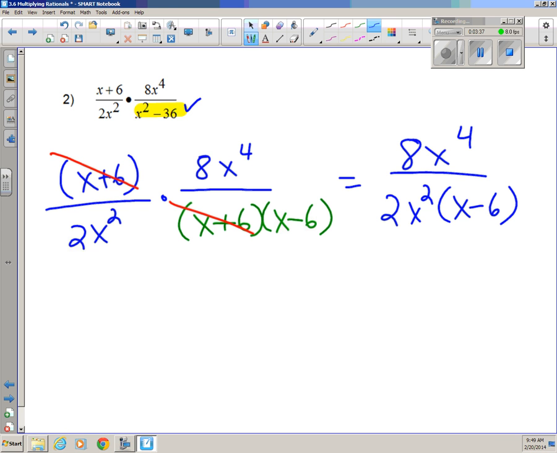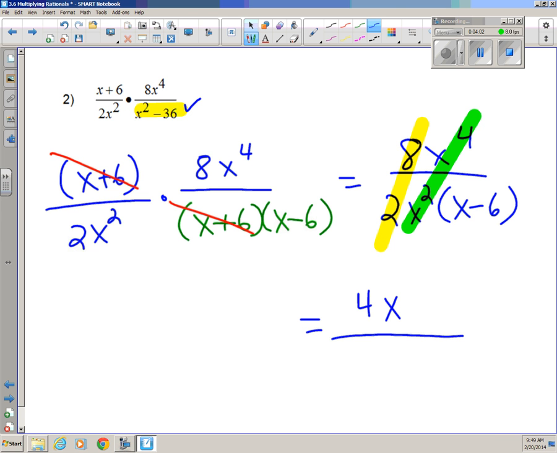Well, these monomial factors on the outside actually can simplify. I've got this 8 and that 2 that can simplify, and I've got x to the fourth and x squared, and that can simplify as well. So I need to get down to where I can't simplify any further. Well, 8 divided by 2 is just 4. 4 over 1, that's fine if you want. I've got more x's on the top in the monomials, right? x to the fourth on the top, x squared on the bottom.